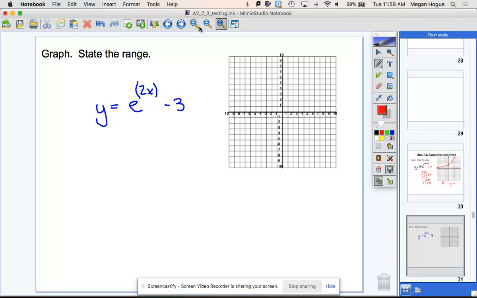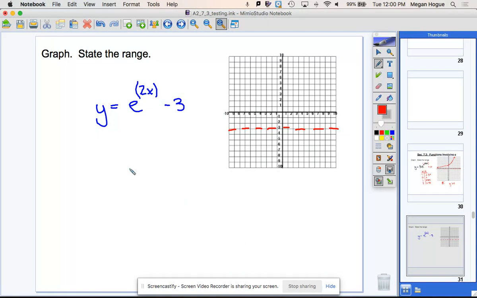So I'm going to make my table here in a second. Andrew, where do you think the asymptote's going to be? -3. Yeah. So again, it's the same thing we were doing a couple days ago. The asymptote's still in that same spot. So it's minus 3. So I know my asymptote's going to be at -3.